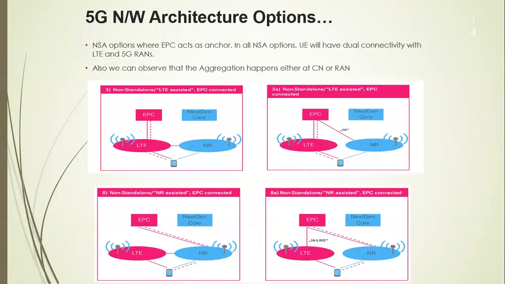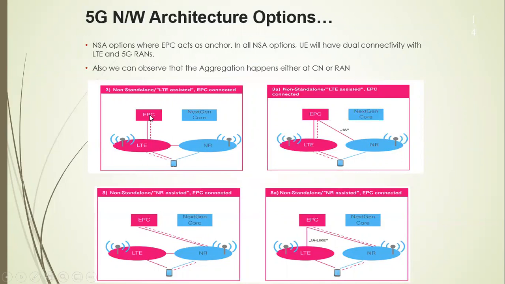So let's see the non-standalone options. Here I'm describing 3, 3a, and 8, 8a. If you see the first option, 3, non-standalone LTE assisted EPC connect, see the diagram here. The next generation core, that is the 5G core, is not at all active here. It is not live. It is not present.